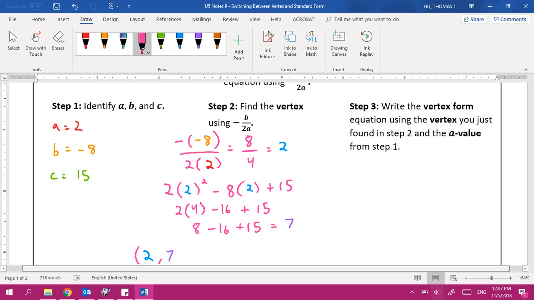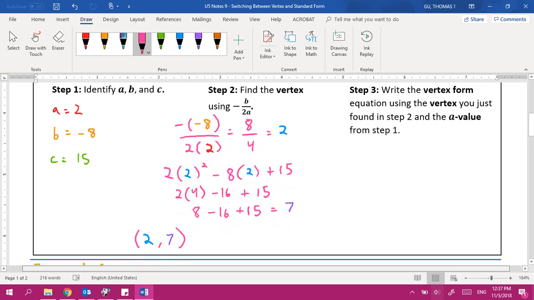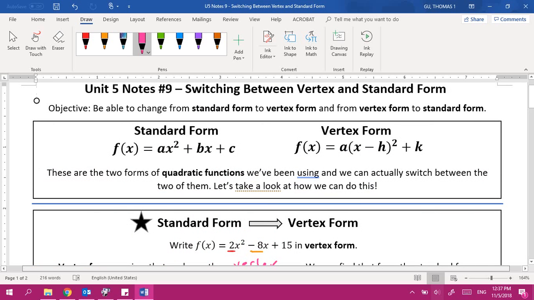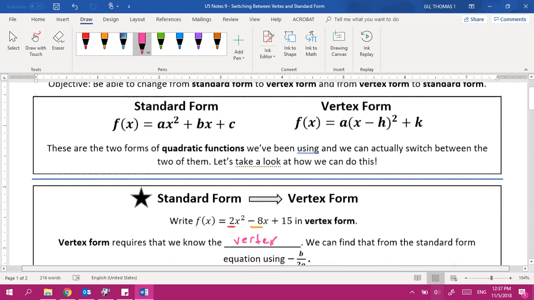There we go. Okay, but remember, what is h there? Which one's h? The 2 or the 7? 2. Because the vertex is always h and then k. That's right. And so now we have everything we need to write that vertex form equation. You see, our vertex form equation is supposed to be f of x equals a times x minus h squared plus k. Now we know h and k.